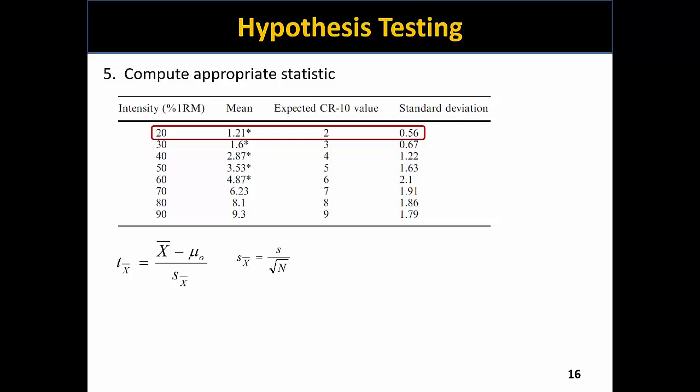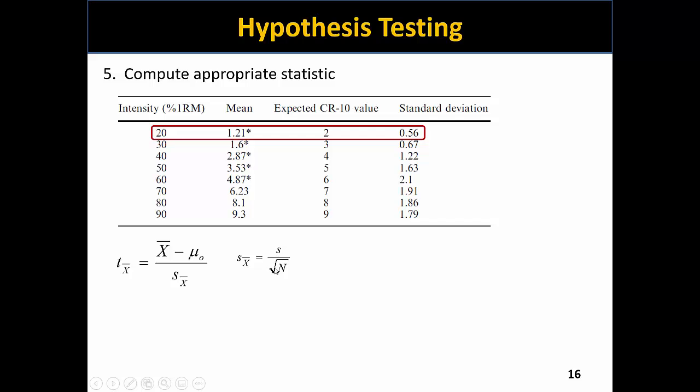We calculate the standard error of the mean, which is equal to the standard deviation, and this was already computed from the descriptive statistics stage, and we divide it by the square root of the sample size. Note here in this step, we don't divide it by the square root of n minus 1. That was already factored into the calculation of the standard deviation.